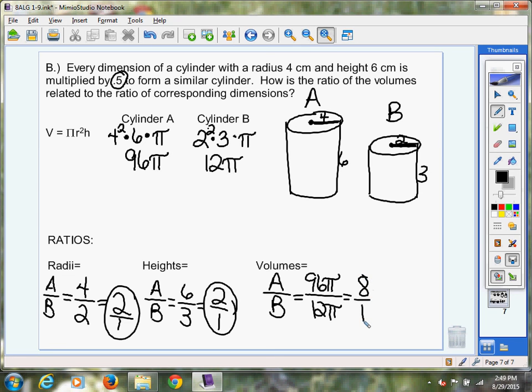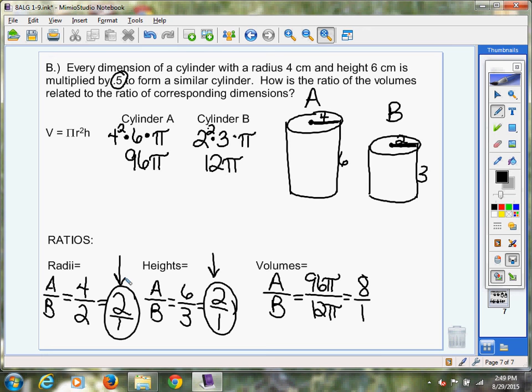Now, 8 over 1 is not 2 over 1, but think of a way that we could get to 8 using the 2. Because remember in the other example, we had 2/3. And if we squared it, we would get 4/9, which was the ratio of the area in the other one. Now, volume's weird. Volume is measuring 3 dimensions.